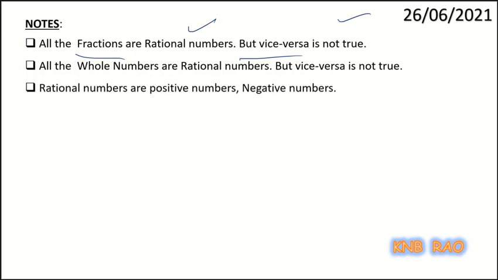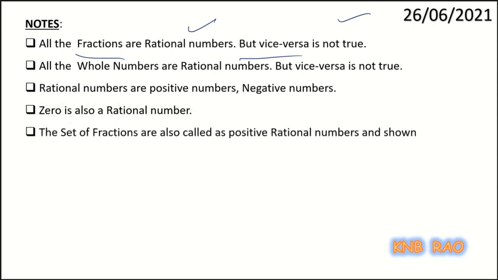Then rational numbers can be positive as well as negative, and even 0. 0 is also a rational number. The set of fractions is also called positive rational numbers. And how will it be shown?